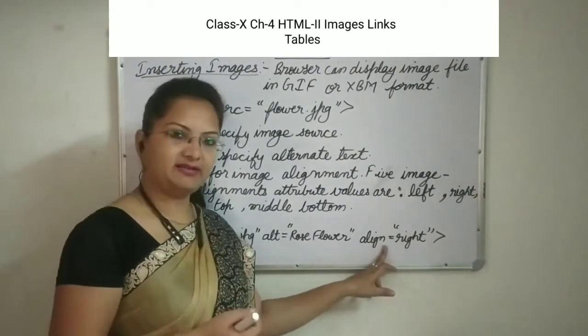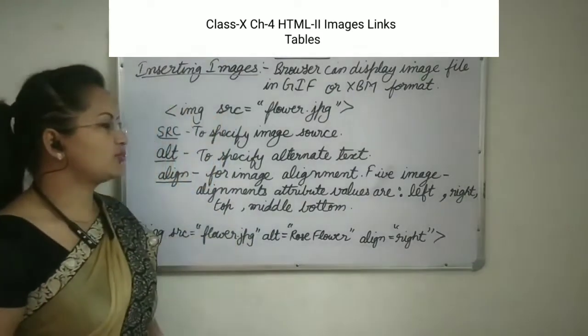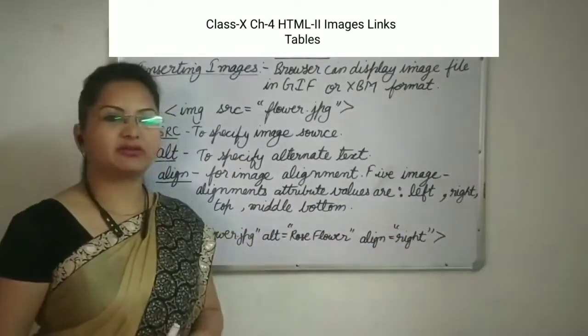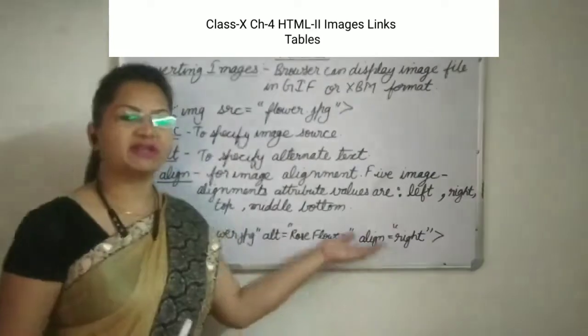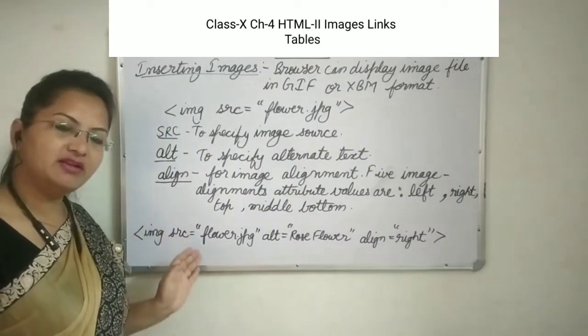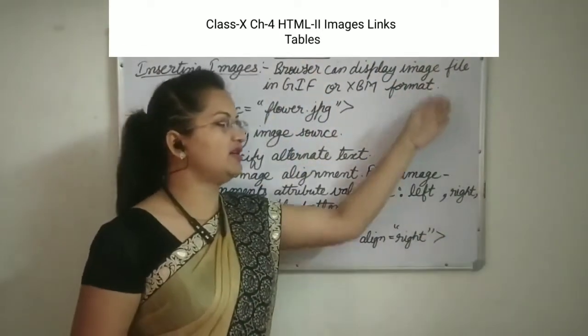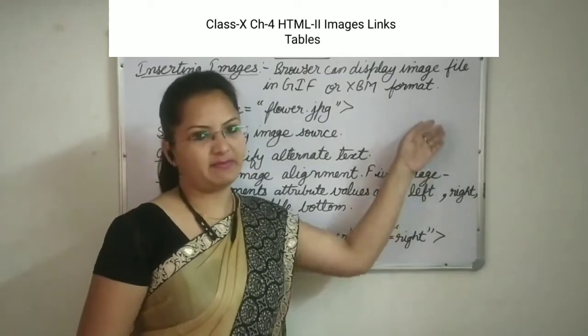So align, and with align we have used right. So students, what will left alignment do? Left alignment will bring the picture to the left margin of the web browser. Right alignment will bring the picture to the right margin of the web browser.